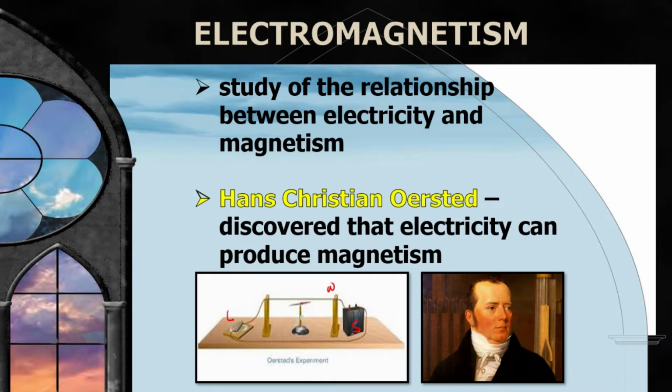And as you can see at the center part, we have here the compass needle. So what happened to the compass needle when the electrons passed through the wires? These magnetic needles are trying to spin. So that's why we can say that magnetism can be produced by electricity.